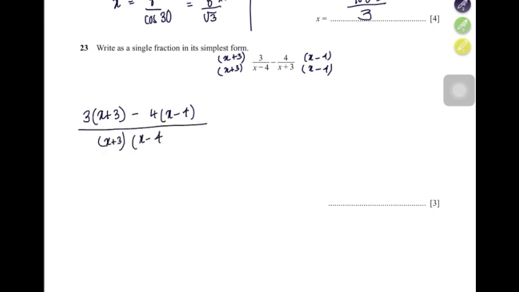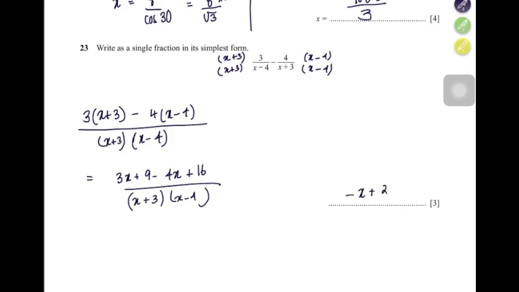The denominator is the same, so this can be joined into one fraction. 3x plus 9 minus 4x minus 16 divided by x plus 3, x minus 4. 3x minus 4x is negative x. And we have minus 4 times minus 4, so minus becomes positive 16, right? So minus x plus 25 divided by x plus 3 and x minus 4.